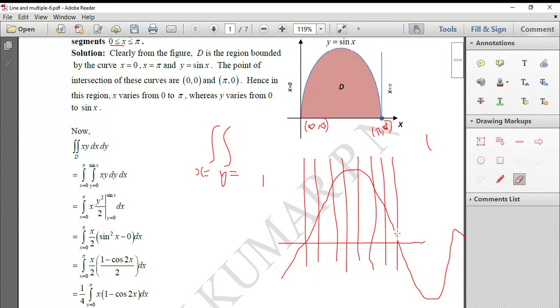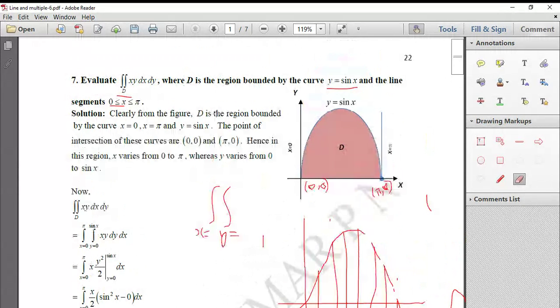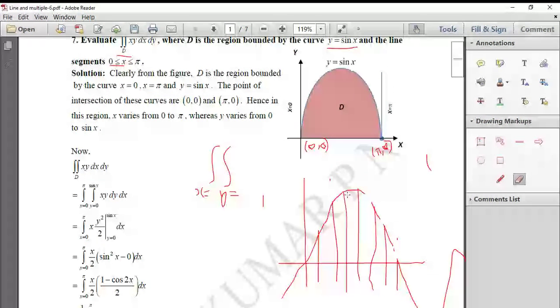These lines we should not consider, because we have to consider the region below y is equal to sin x, and x greater than or equal to 0 and less than or equal to pi.